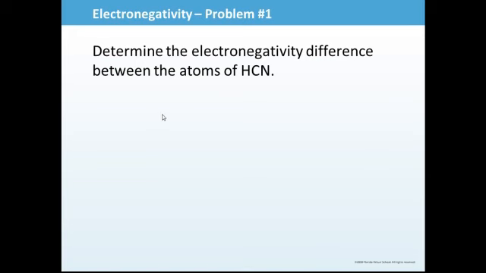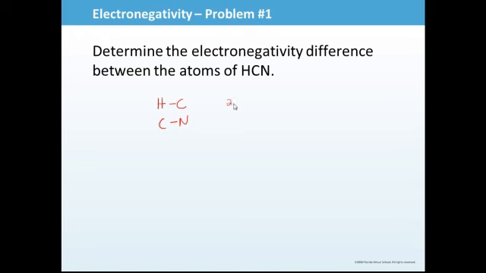Welcome back. We have HCN. We're going to have hydrogen bonded to carbon. We're going to have carbon bonded to nitrogen. And it doesn't matter what kind of bond, if it's single bond, double bond, triple bond, it doesn't matter. All we need to know is what the bond is. When we look at the bonds, hydrogen to carbon, with electronegativity difference, all we need is the difference.